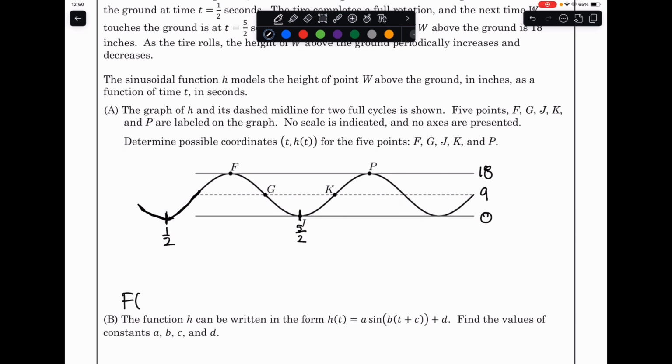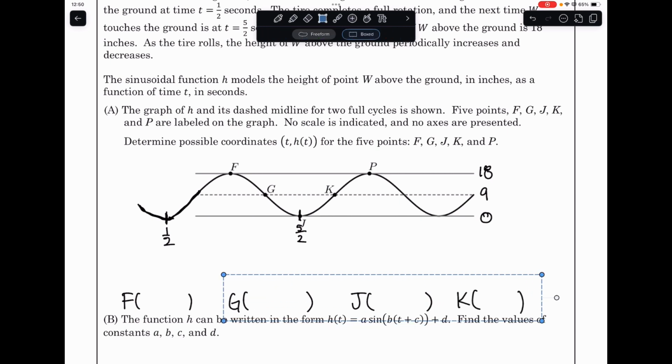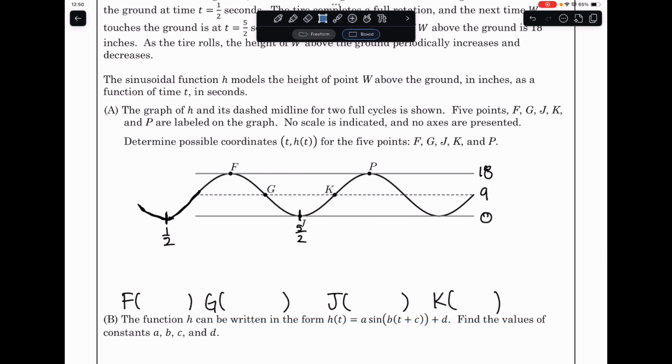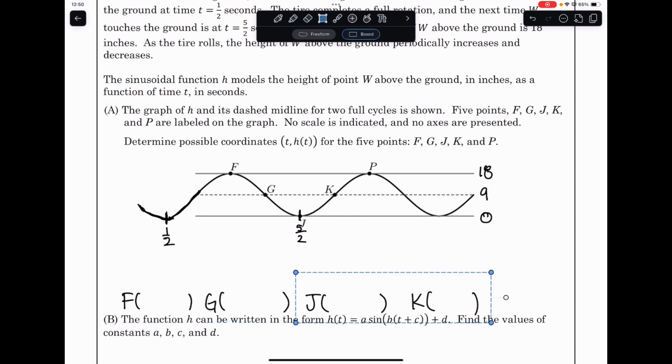So I'm looking for the X coordinates for all of these. Okay, so J, K, and I should probably move these over a bit. And P. Well, I know what the Y coordinates are going to be for all of them already.